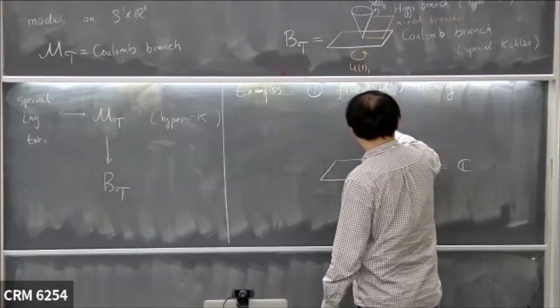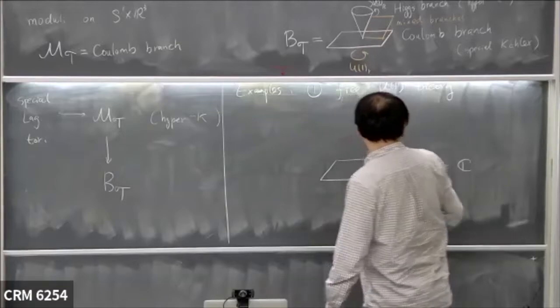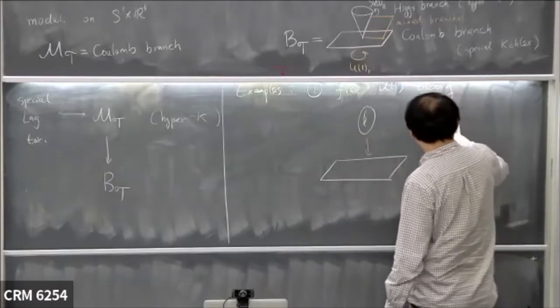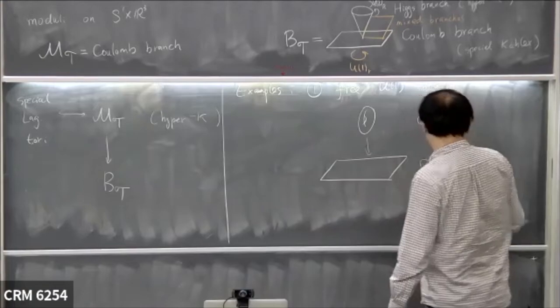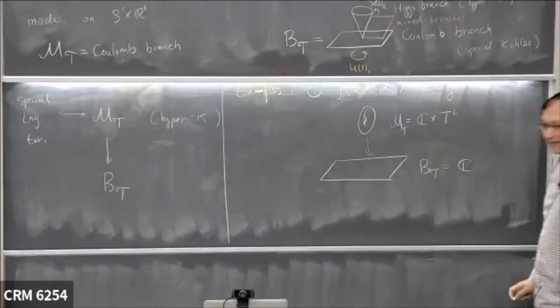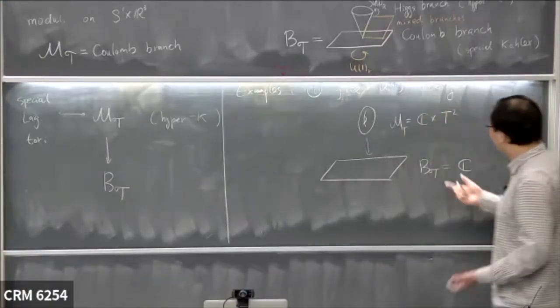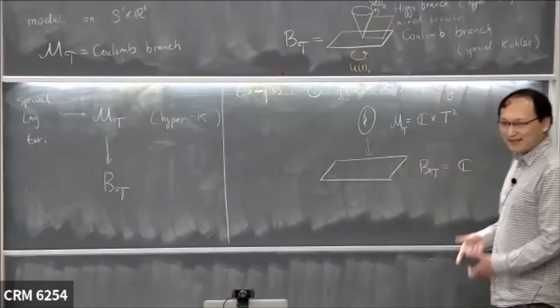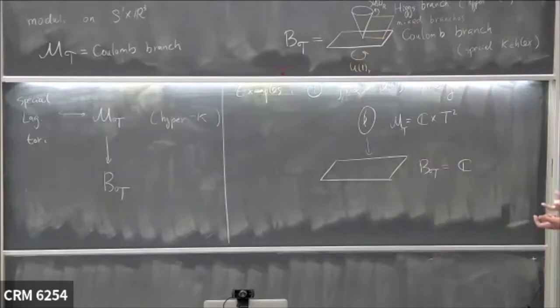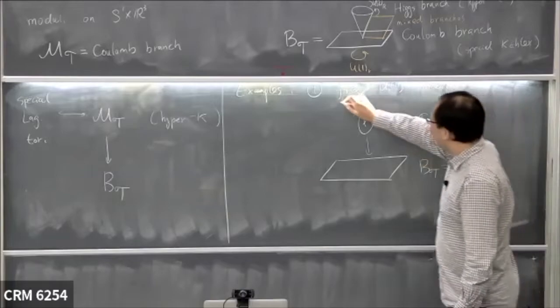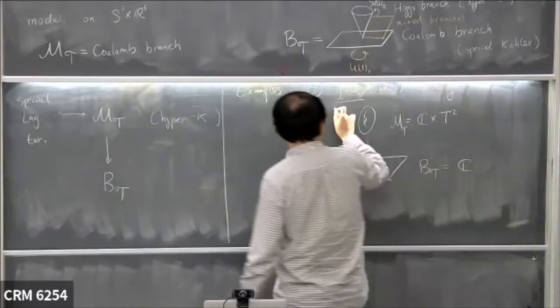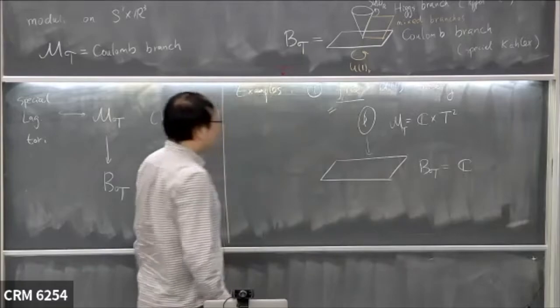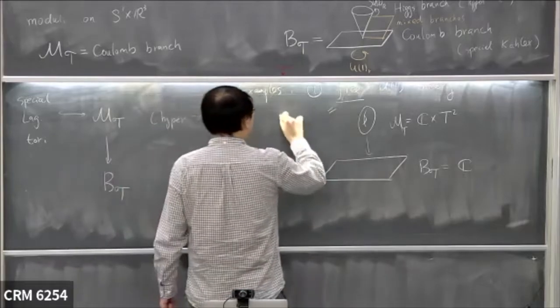It will be the total space of C times T2. So in this case, the fibration is completely trivial. And that's another way of saying it's actually a free theory. So free geometrically just means trivial fibration.